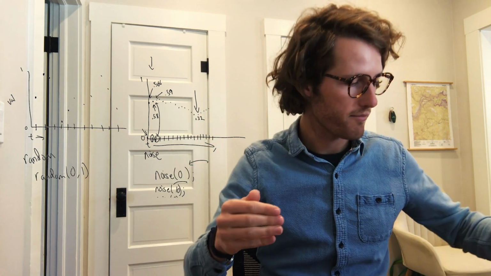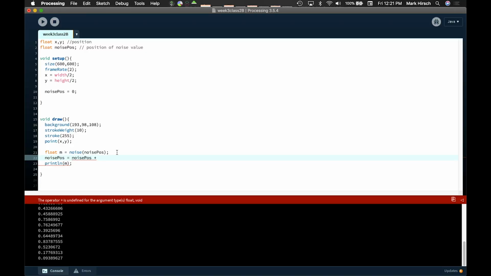So given that, let's go back to our code. Let's increase our noise by a very small number. How about 0.001, something really tiny. And then I'm going to put this at 1 frame per second. And then let's print out this noise value that's getting bigger by 0.001.